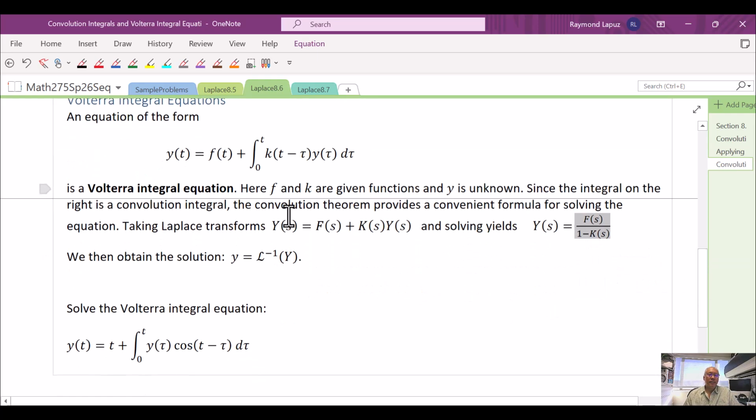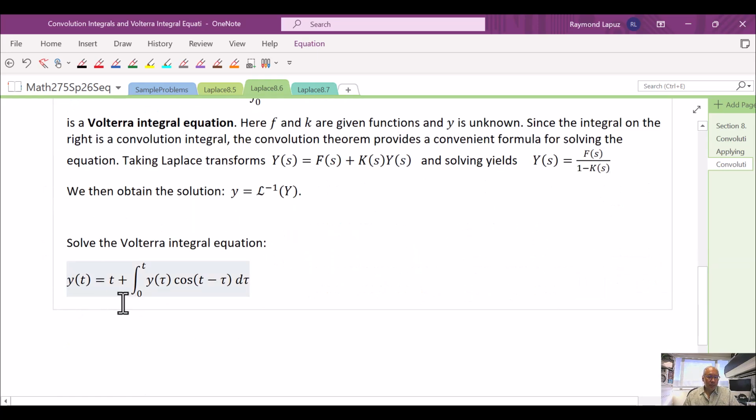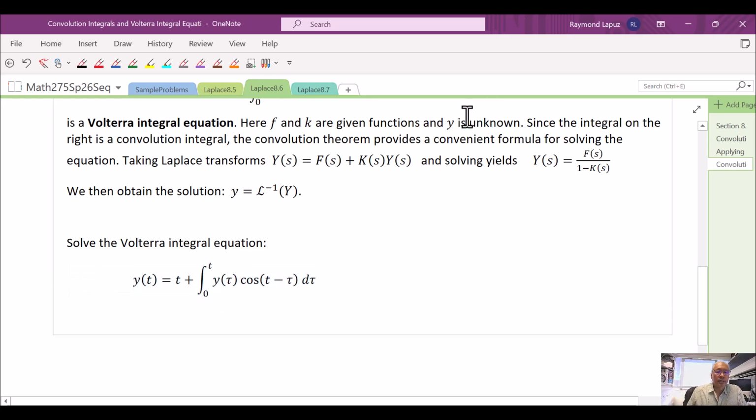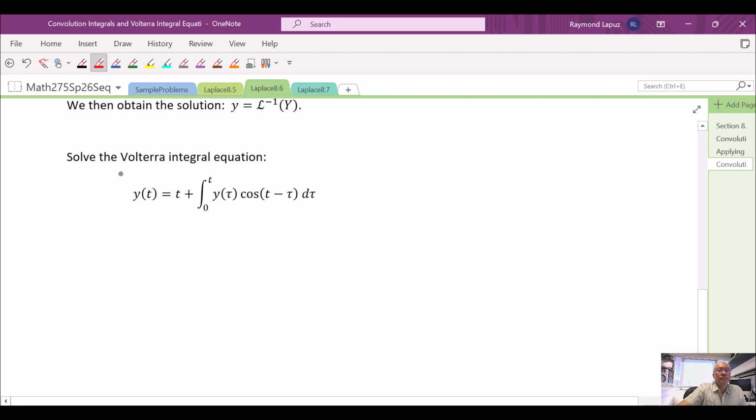All right, here is our example of a Volterra integral equation, and let's solve for it. So let's bring this to the Laplace world. Laplace transform. Now we are in the Laplace world.